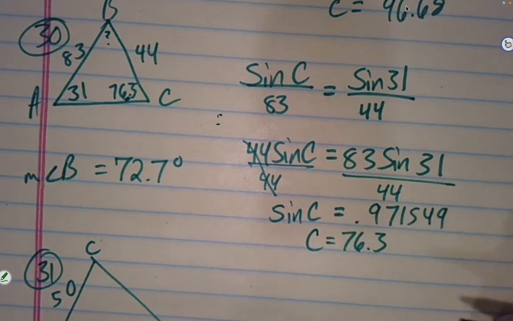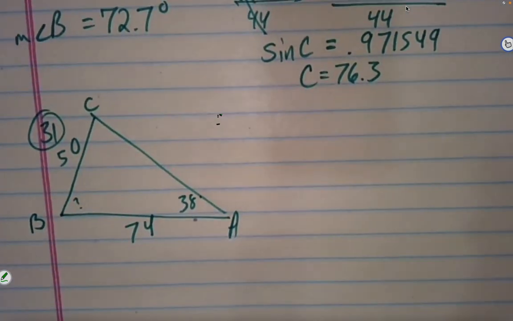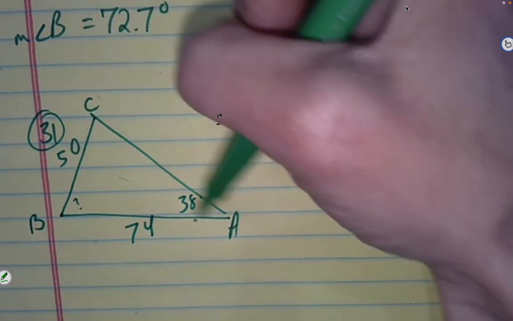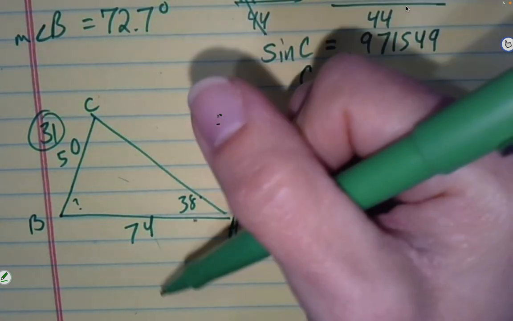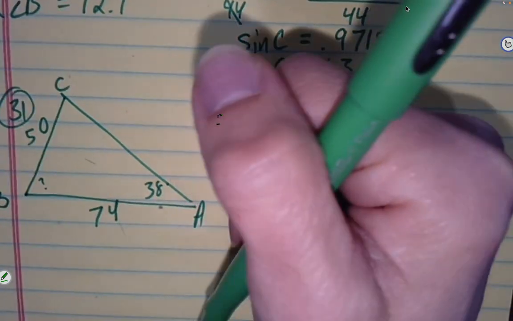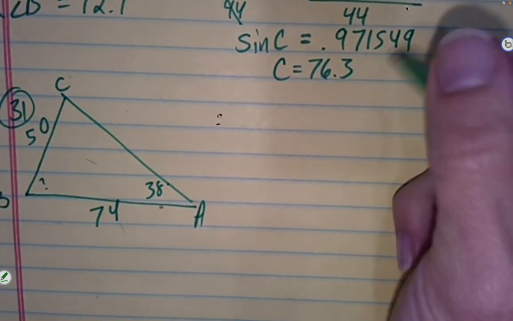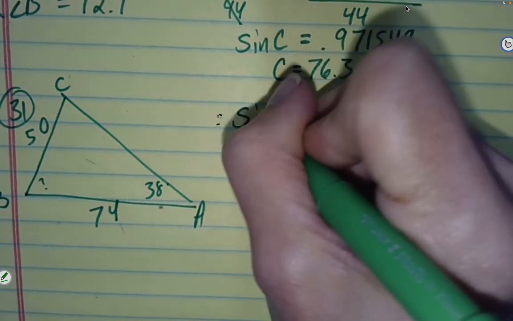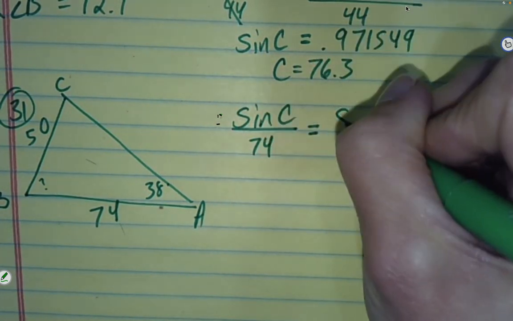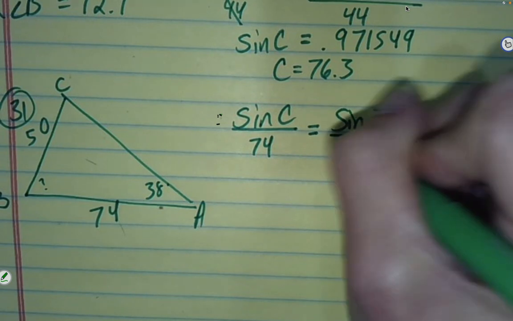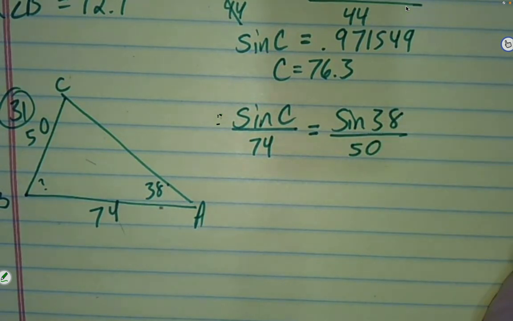But again, I can't find that first because A, I'm good, and then I have information for C. So C, again, is what I have to find first, which I'm only going to put one of these on there, but I'll go ahead and go over them. So sine of C, and 74 goes with it. The sine of 38 and 50 goes with it.